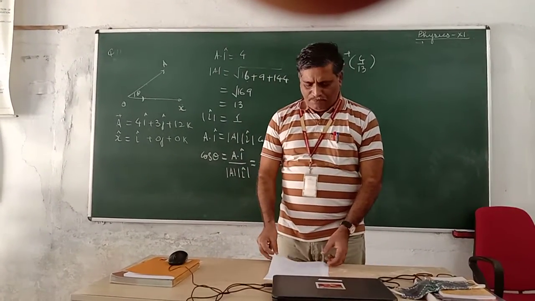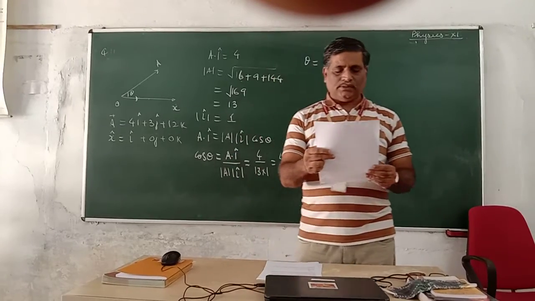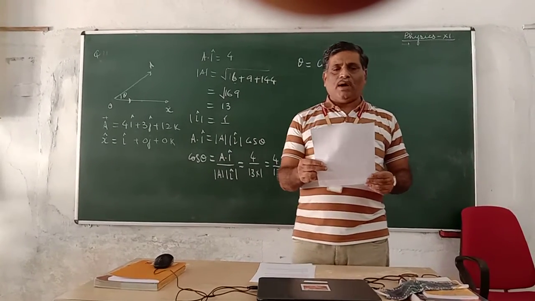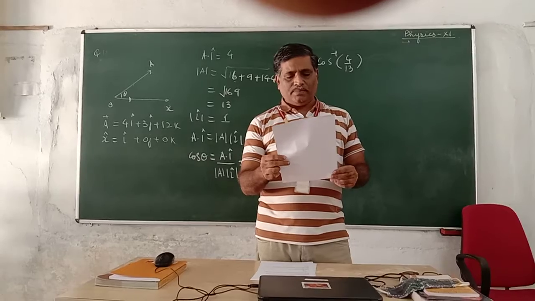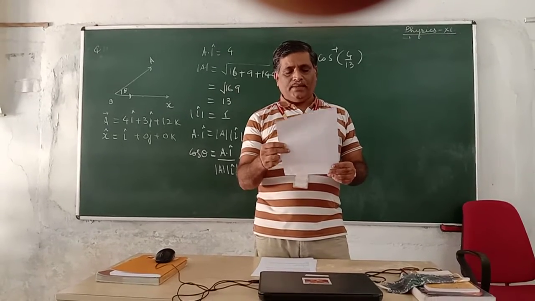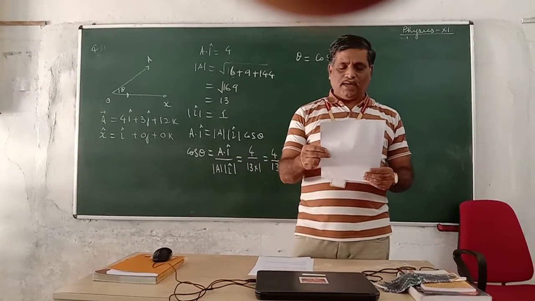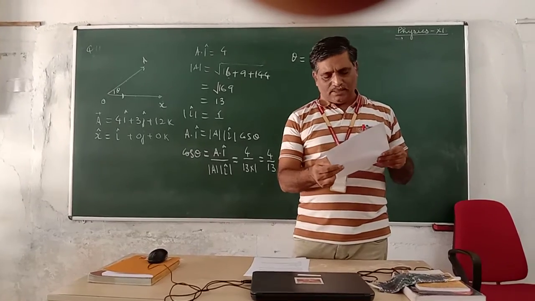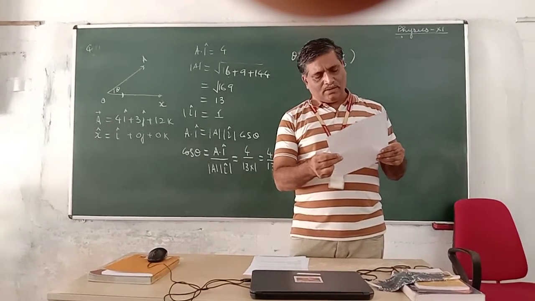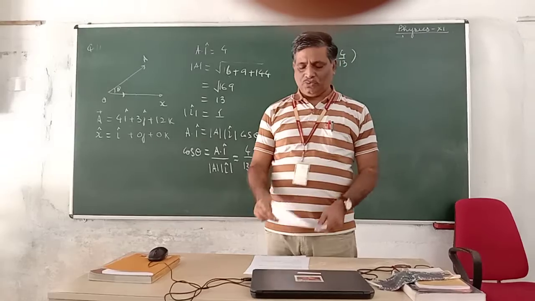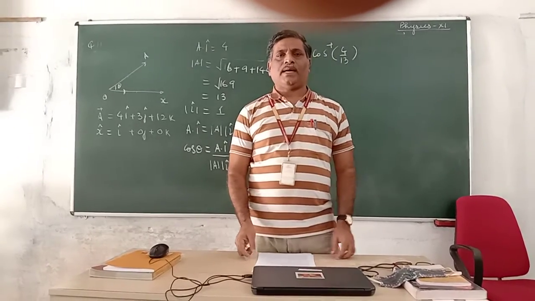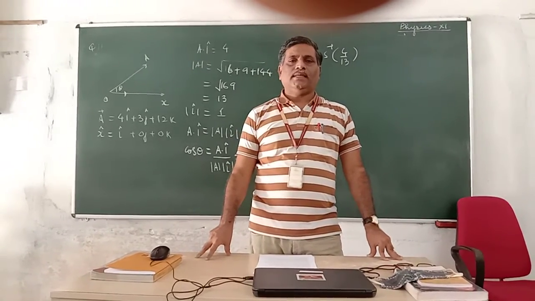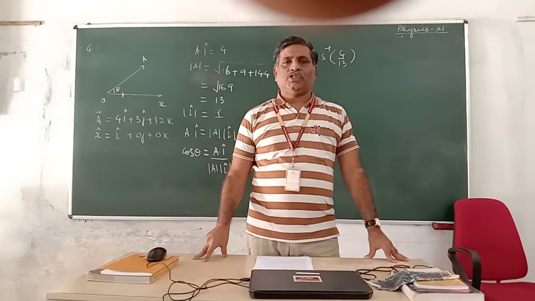Question 12. If vector A is equal to 5i plus 6j plus 3k and vector B is equal to 6i minus 2j minus 6k, which of the following statements is true? First, they are parallel to each other. Second, they are anti-parallel to each other.